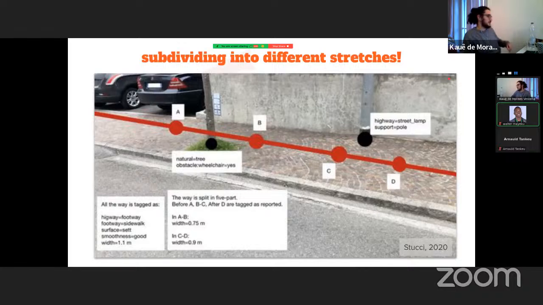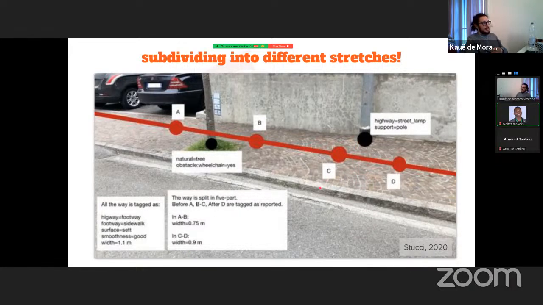So sometimes you can subdivide in different stretches. So for example, from here, we split in 5 parts, and from A to B it's 75 centimeters, and from C to D here would be 90 centimeters, okay?